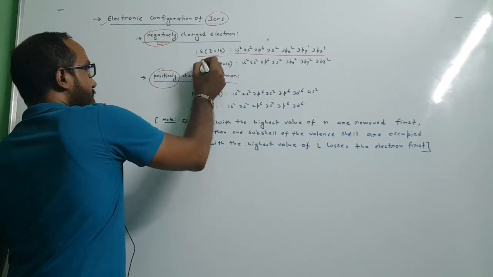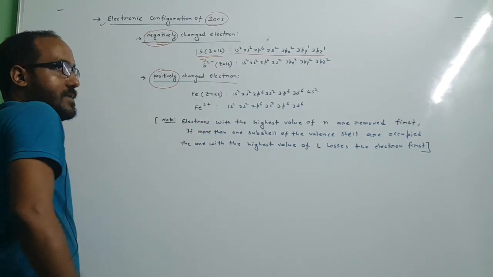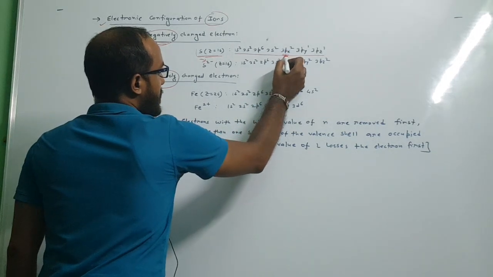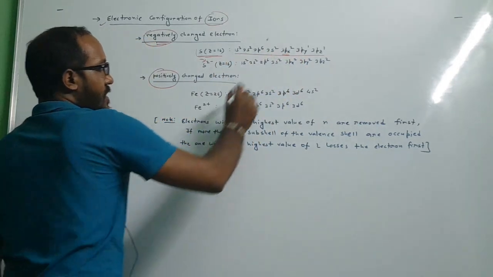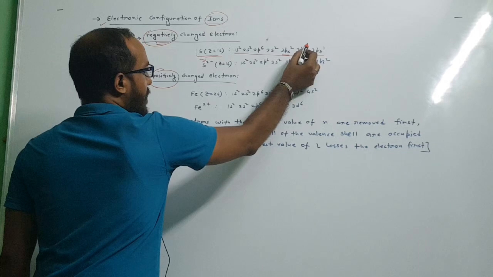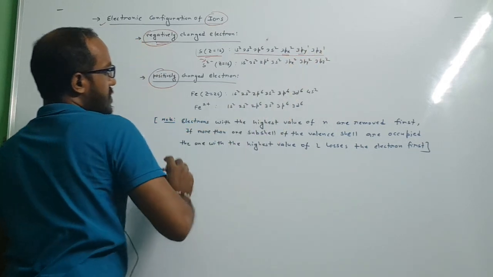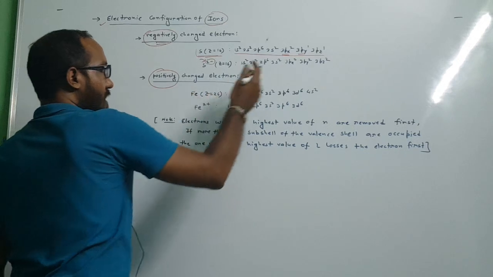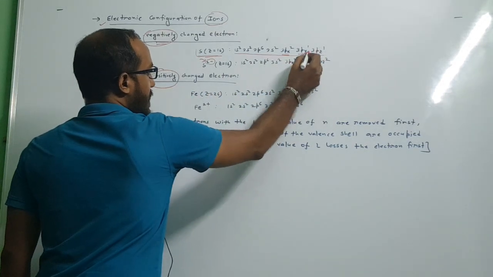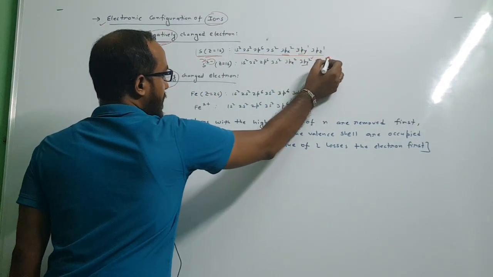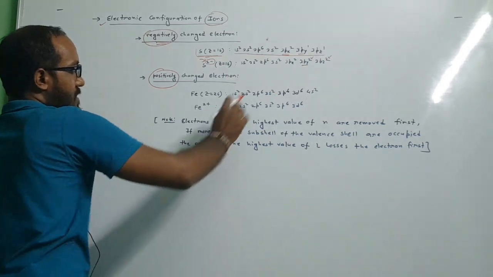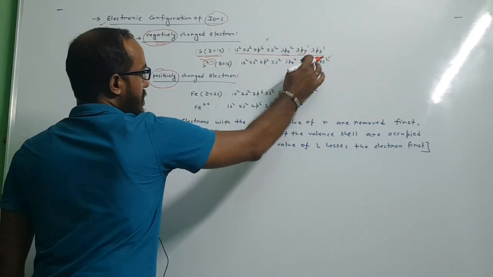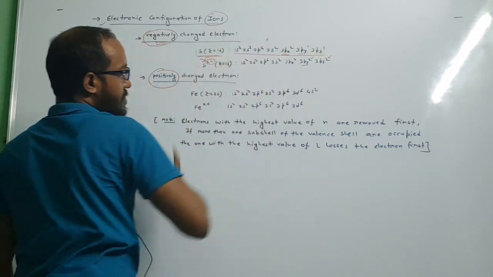Now if we want to insert 2 electrons, that is negatively charged ions, see, our 3px orbital is filled, 3py has 1 electron and 3pz has 1 electron. So we have to insert 2 electrons extra. So 1 electron in 3py and 1 electron in 3pz. So it will be 3py2, 3pz2.